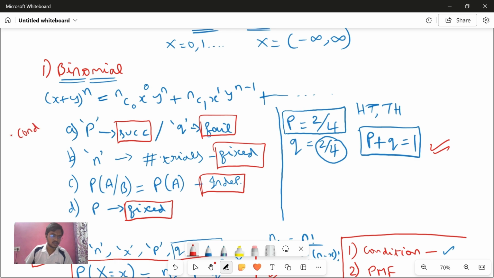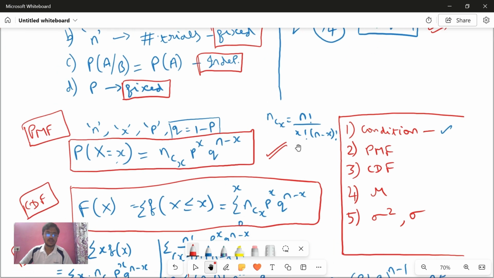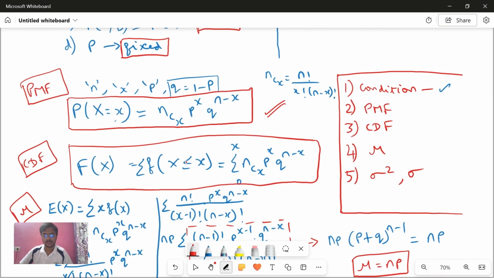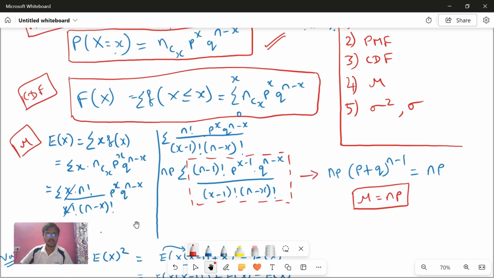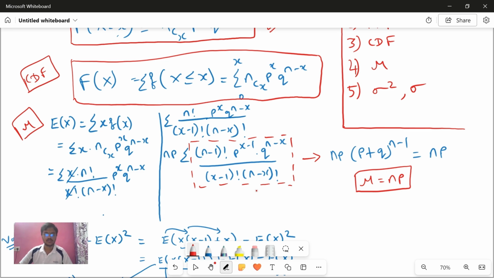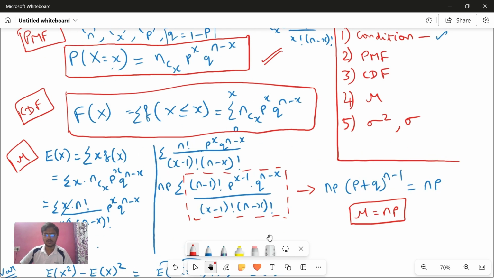Conditions. Next we saw the PMF, where the probability mass function is defined as nCx p power x q power n minus x, and then how to calculate the CDF. We'll see examples, and then the mean and variance.